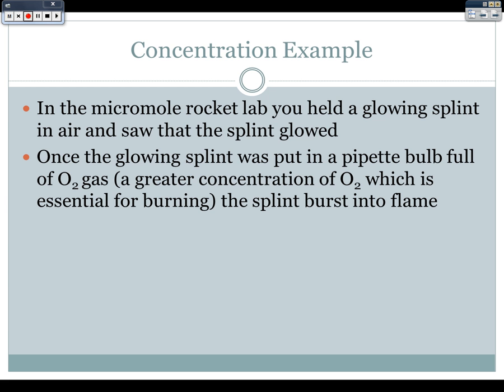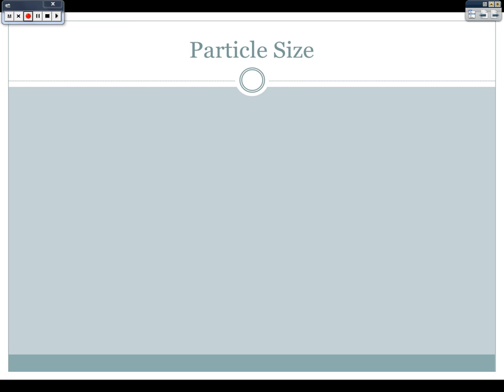So you took it from a situation where there was a low concentration of oxygen, because really there's not a lot of oxygen in our air, there's more nitrogen, and then you put it in a situation where there was tons of oxygen, and oxygen is essential for combustion, and that glowing splint burst into flame. Okay, pretty good example for you guys, and one that you've actually seen happen.